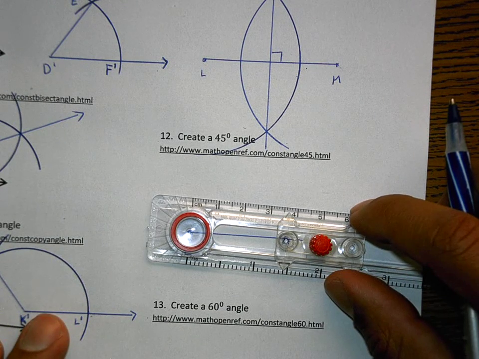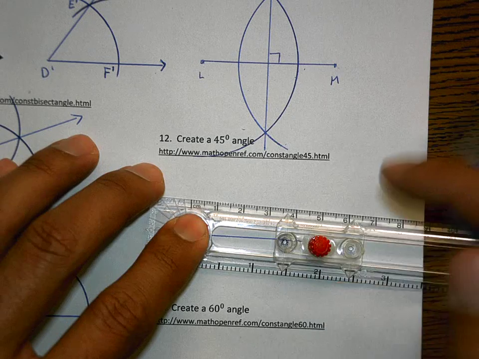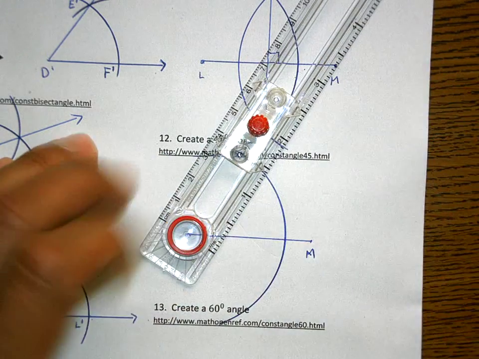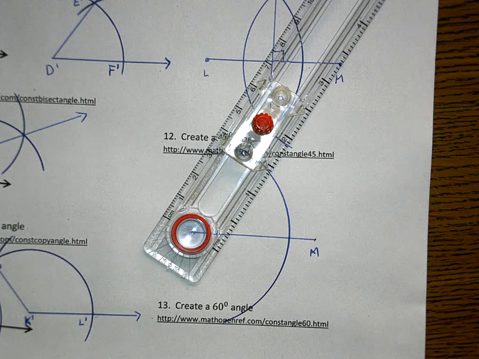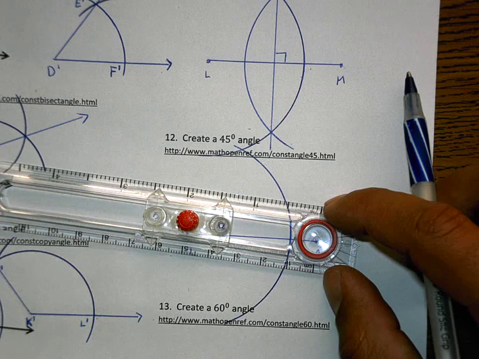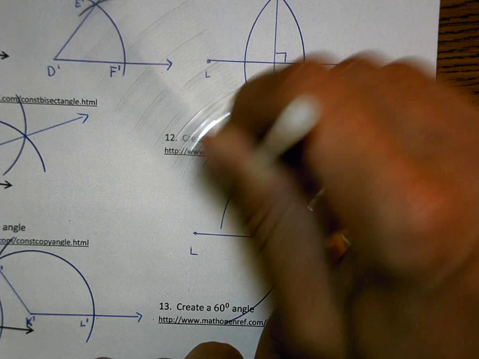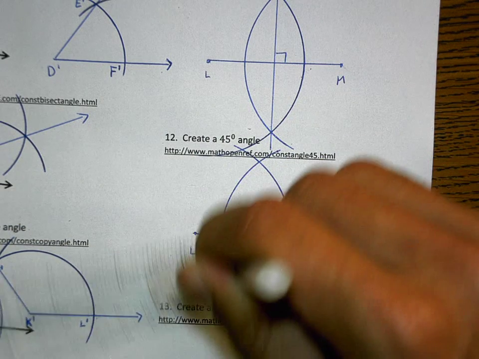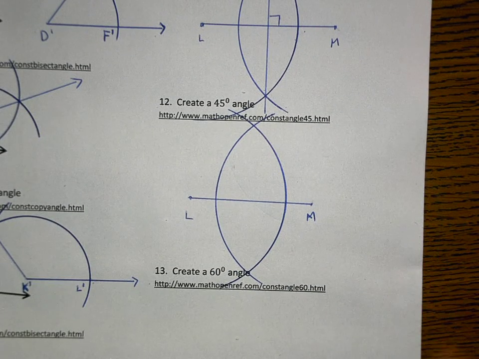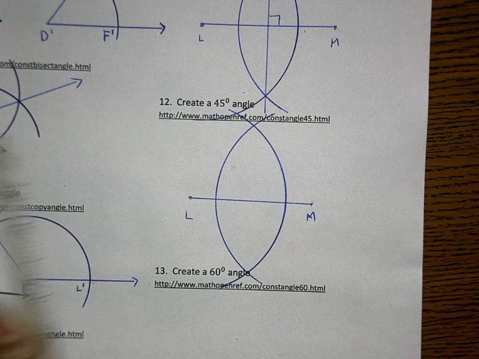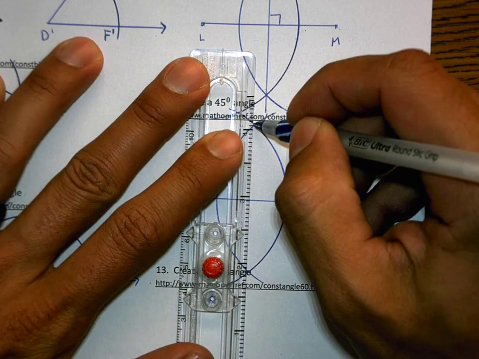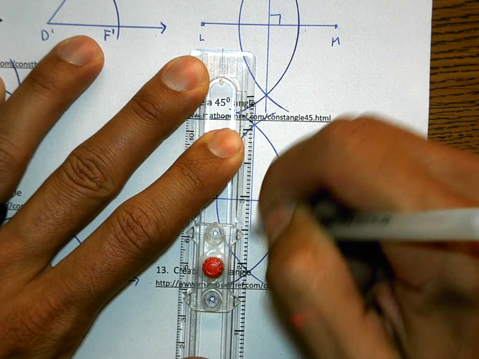And because this is already set to be more than halfway, I can drop my arc from L. I can go to M, and I can have my other arc. And then I can connect my dots and create my 90-degree angle.